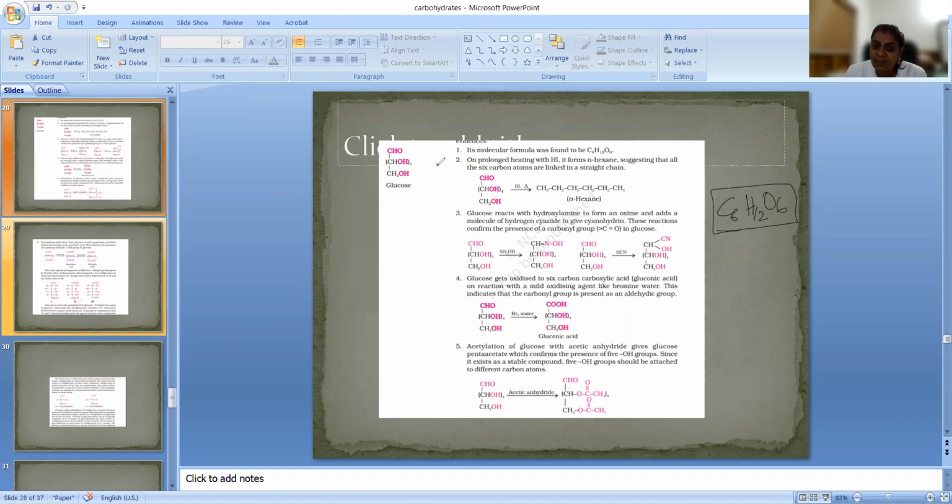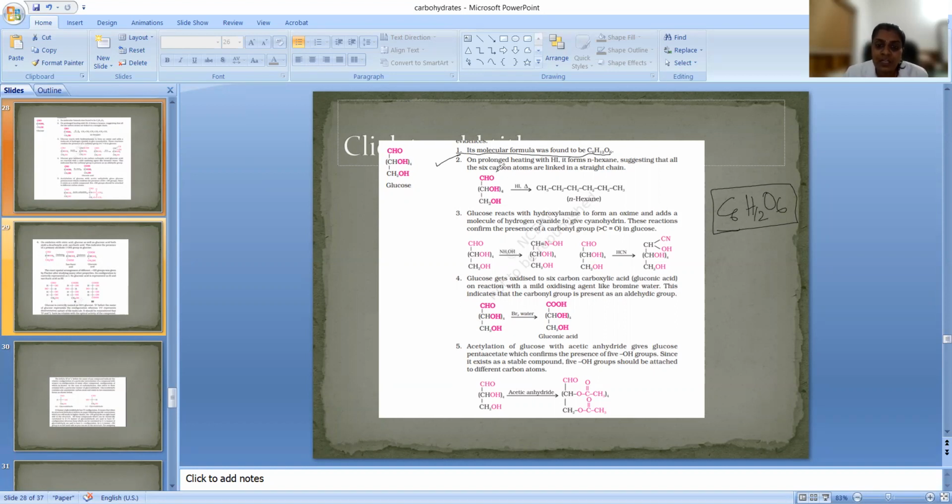This is a very important part. First, what we have to write, this is a molecular formula. We only know the molecular formula and the functional group, not where the different hydroxyl groups are present. We have no idea about that. So we are going to do some experiments.